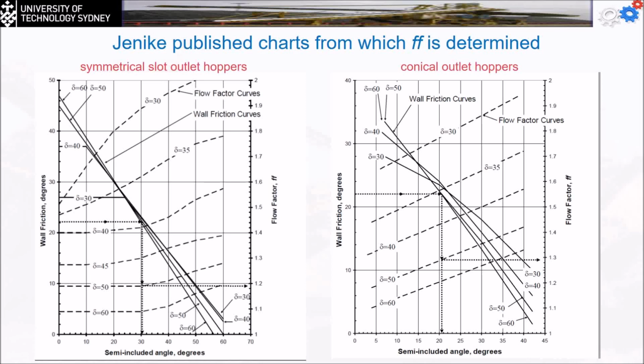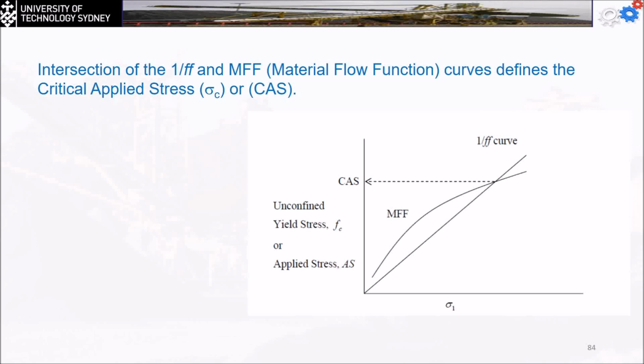Okay, so that's what we talked about, the CAS and how to find this value. This is very important to find the value of the CAS to calculate the value of the minimum diameter we should have for the hopper. So the intersection of the value of the 1/FF we got from the previous chart. This line had the slope of the value of 1 over FF.